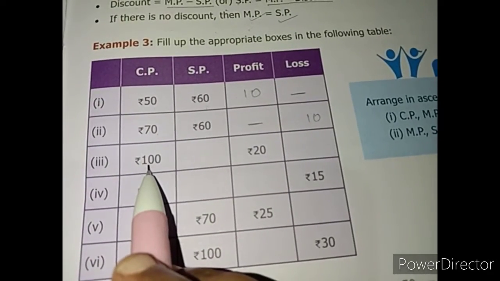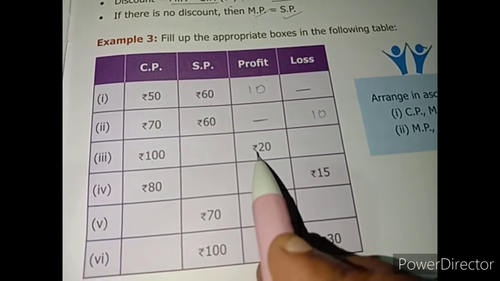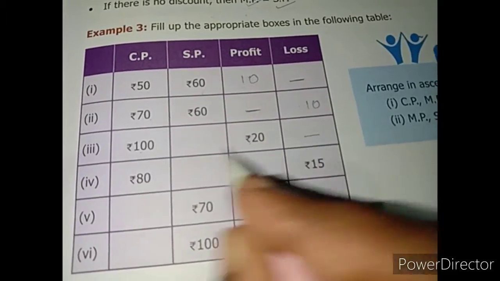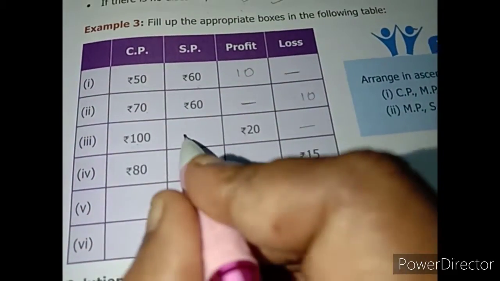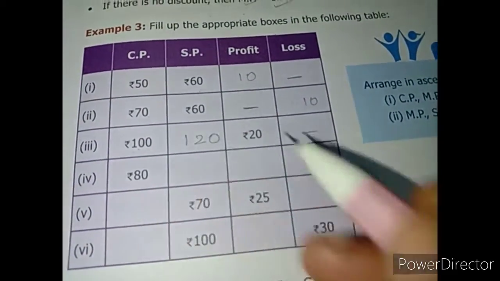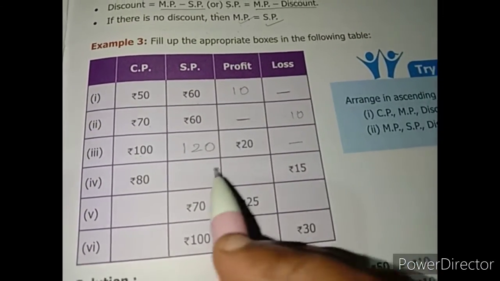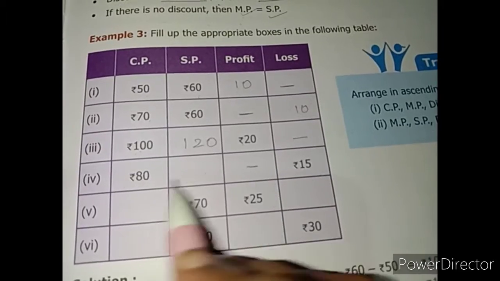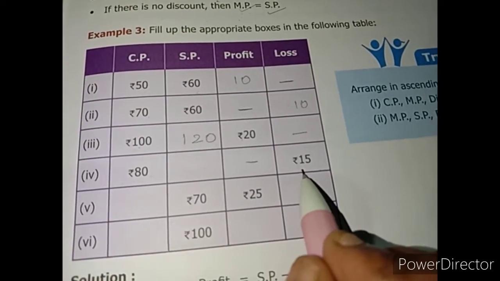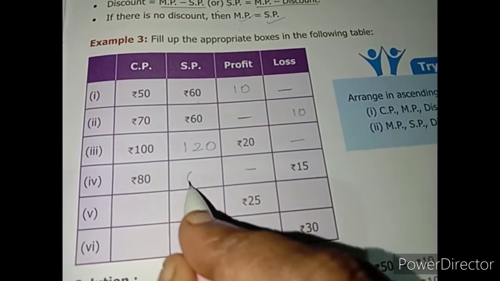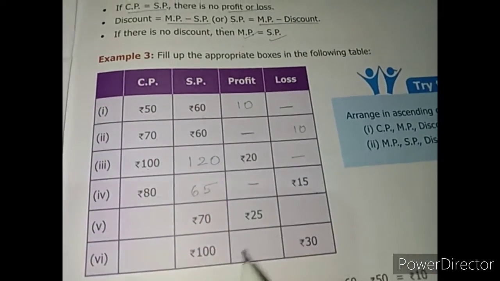Cost price is 100 rupees, profit is 20 rupees. So what is the selling price? 100 plus 20, 120 rupees. 80 rupees is the cost price and loss is 15 rupees. So what will be the selling price? You have to subtract 80 minus 15, it is 65 rupees.